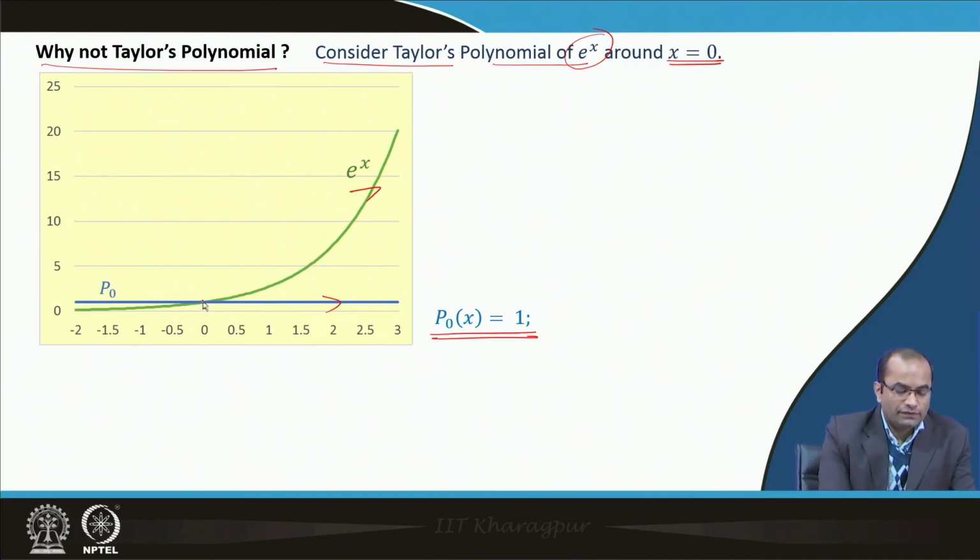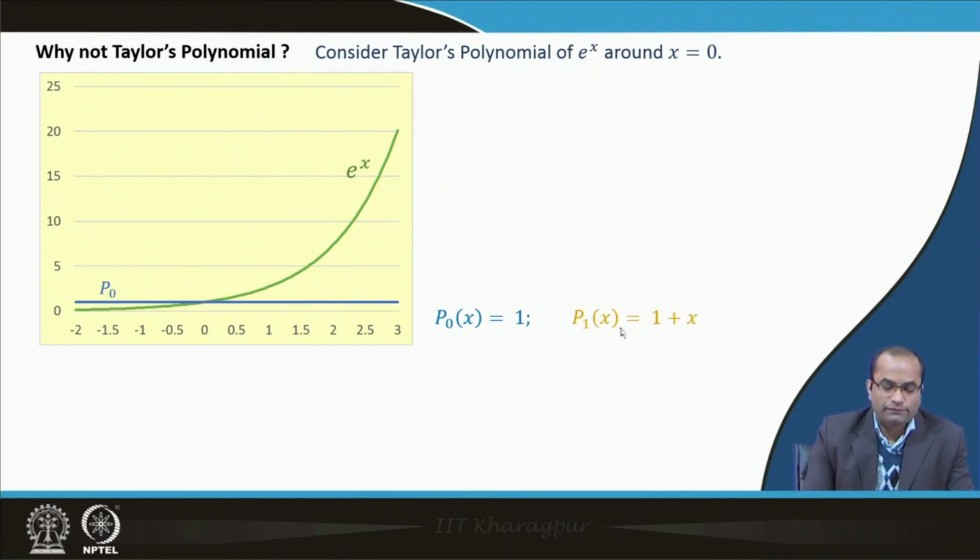It has very good accuracy at this point, naturally, since it matches the function itself at x equal to 0. Other than that point, the accuracy is not as good, and it actually gets worse when we go far away from this point. So, the accuracy is more or less concentrated around this point of expansion.